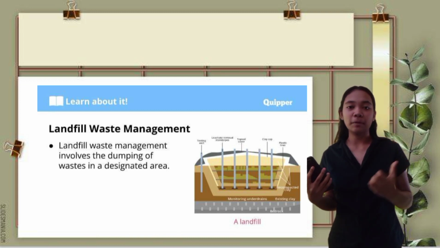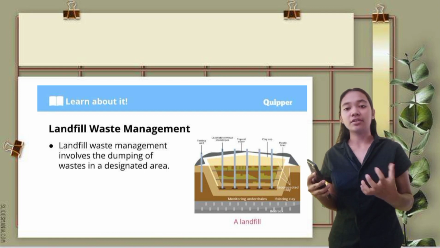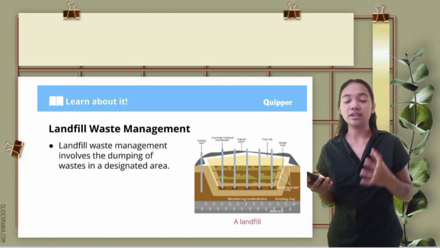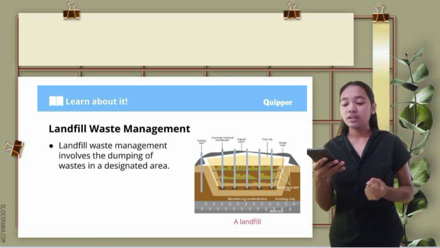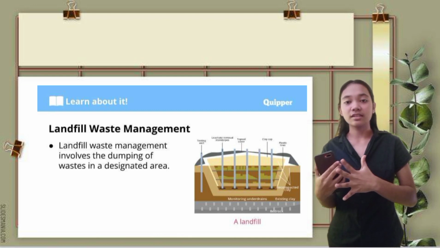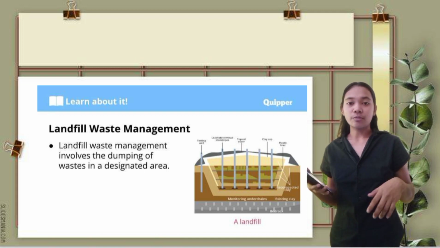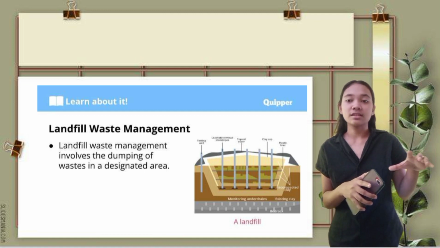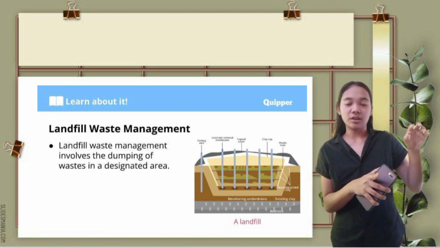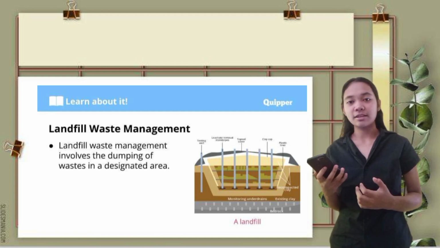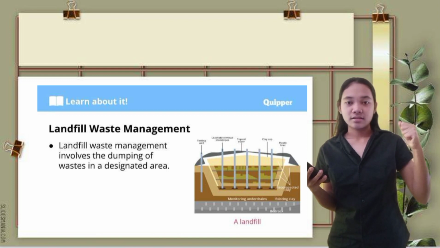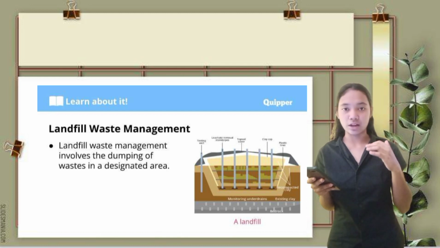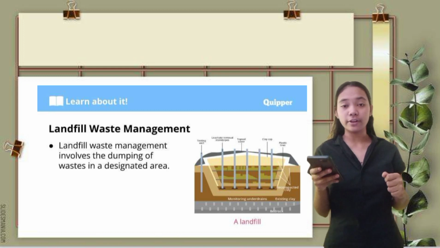Like in many municipalities, they have a certain area where they dump the waste that they collect from many households. So landfill waste management is what we call a dump site. With landfill waste management, the waste is just piled up. A disadvantage there is that with the waste just piled up, there are flies. That is the main reason why there are fires in the mountains, wildfires. So one of the causes of wildfire in a place is the dump site or landfill waste management.